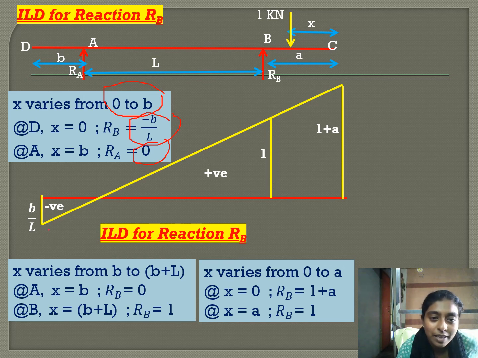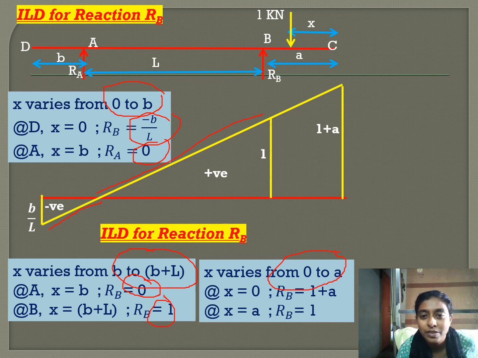Second case, x varies from B to B plus L. At A, RB is equal to 0, at B, RB is equal to 1. Now for the third region, when x is varying from 0 to A, at C, x is equal to 0 and RB is equal to 1 plus A. At B, x is equal to A and RB is equal to 1. So it is 1 plus A to 1.